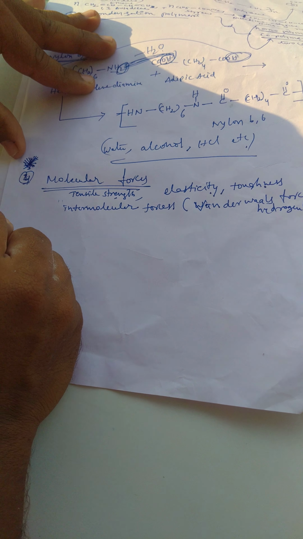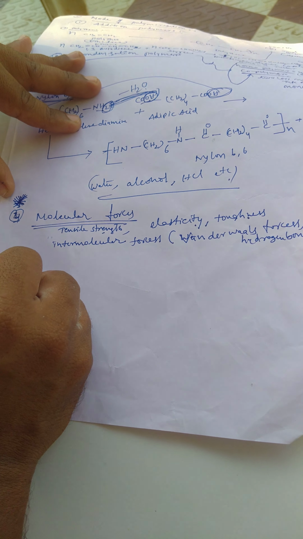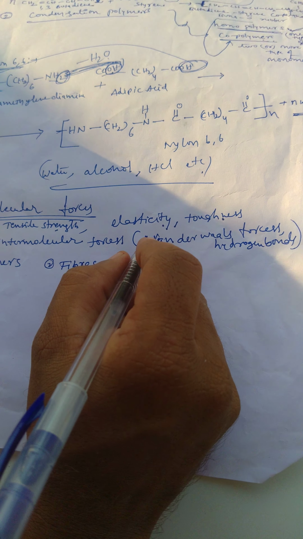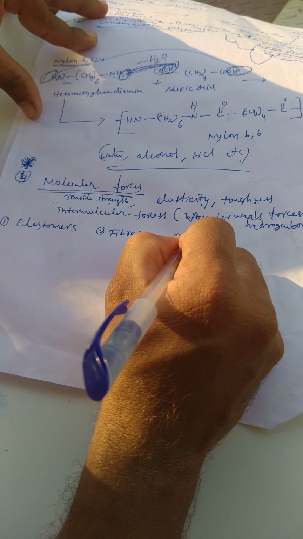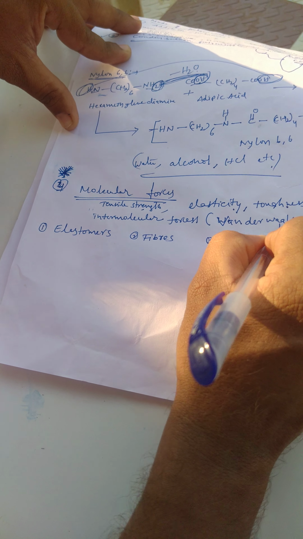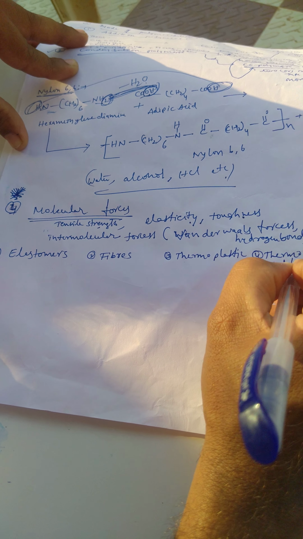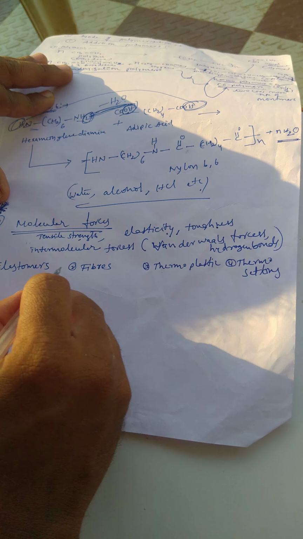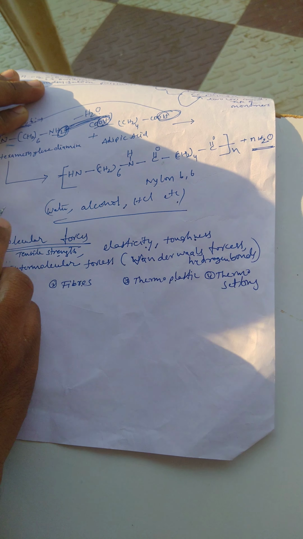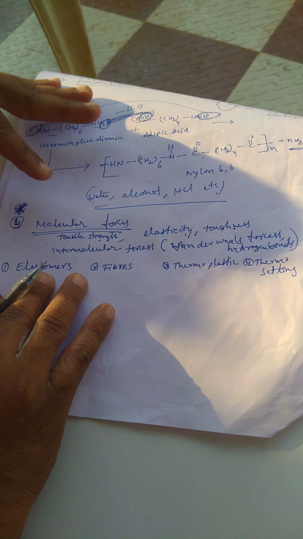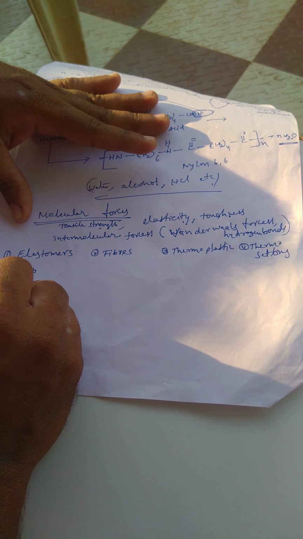Based on them, polymers are classified into four categories: elastomers, fibers, thermoplastic, and fourth one, thermosetting polymers. From the examination point of view, these four are very, very important, children. So what are elastomers? Elastomers are rubber-like solids.